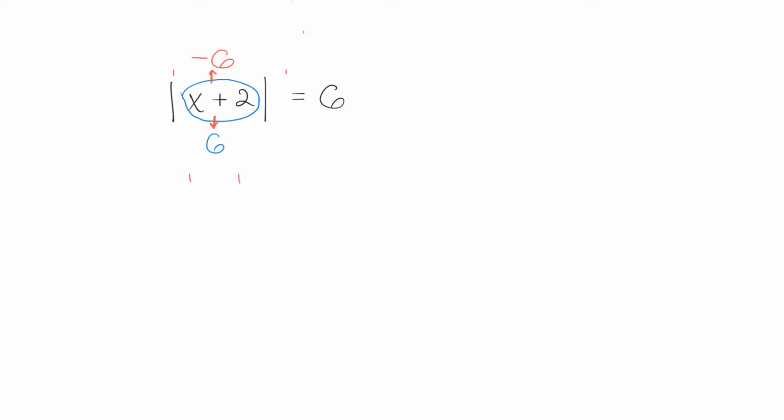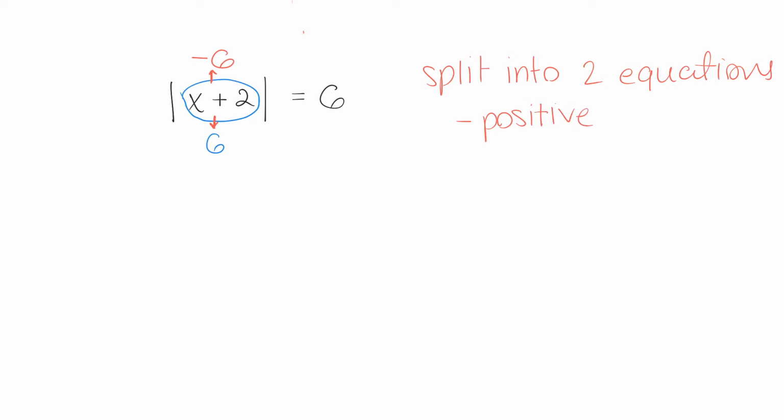So the way we solve this is by splitting this into two different equations. So we are going to split into two equations. And there's going to be a positive equation, and there's going to be the negative version. All right? So that's going to look like this.